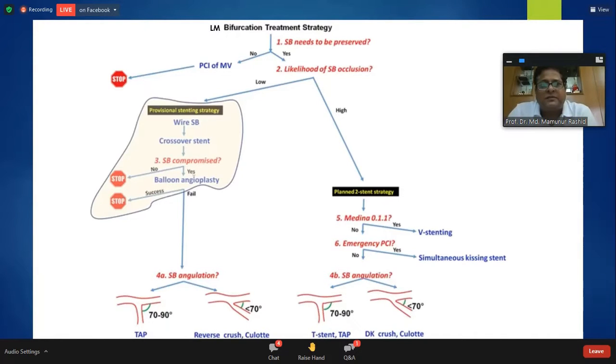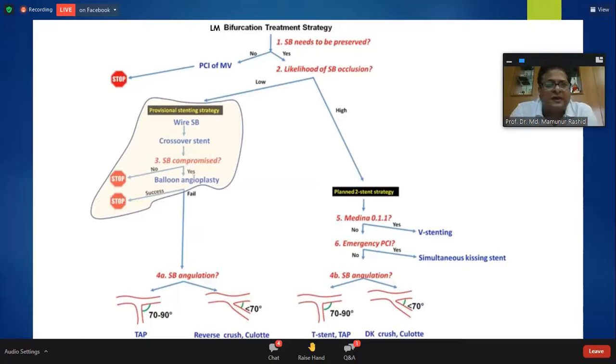First of all, the need to preserve the side branch should be assessed. If there is no need to preserve the side branch, a single stent strategy should be accepted. If the side branch should be preserved and the chance of occlusion is low, it should be treated with a provisional stenting strategy; if the chance of side branch occlusion is high, then a direct two-stent strategy.